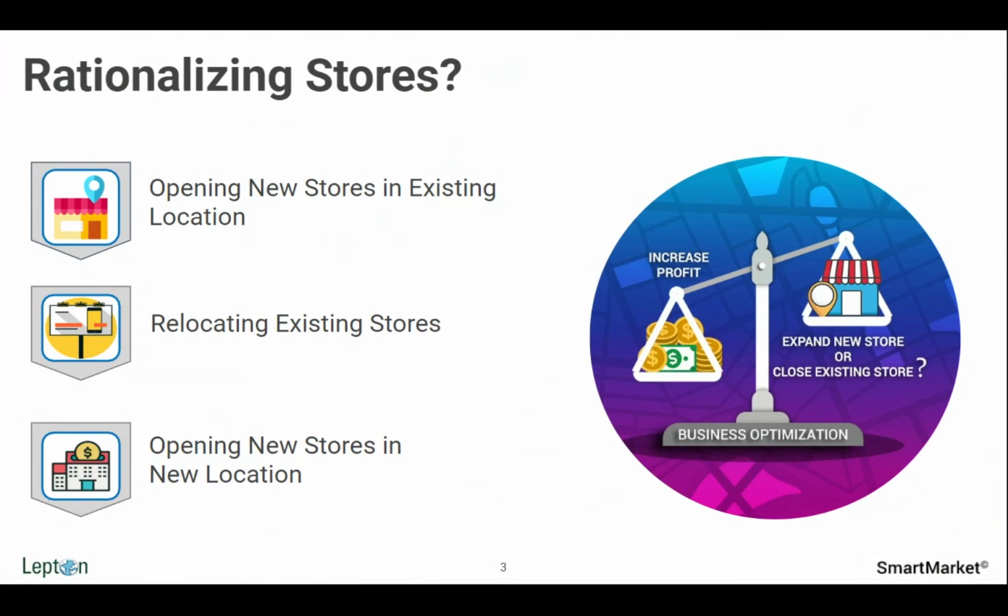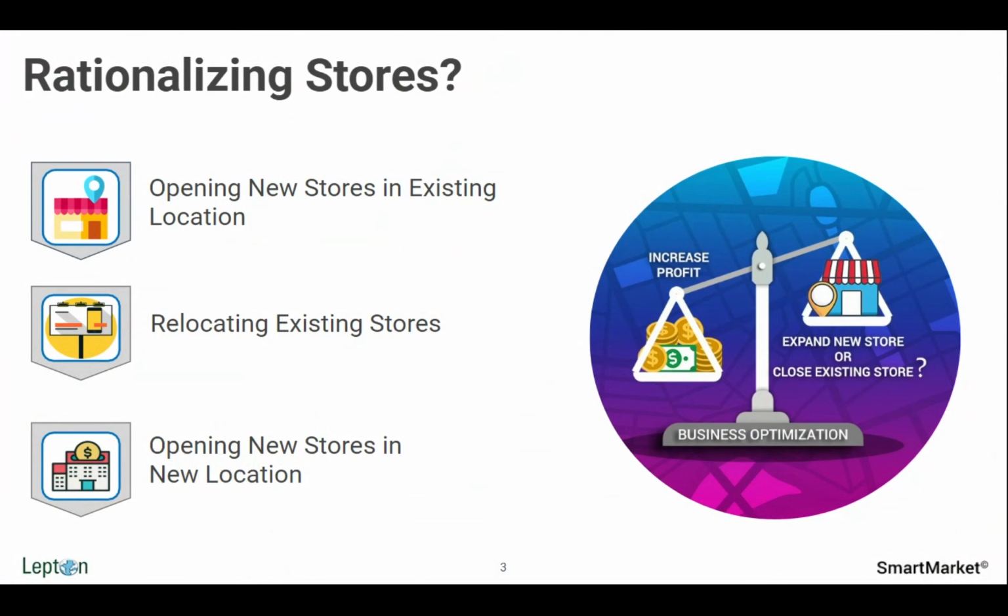That compels me to do some introspection: why is it so? I need to find the reason. I need to rationalize my stores. If they're existing in a certain location, am I getting the right amount of business I should be getting? Am I reaching my full potential?